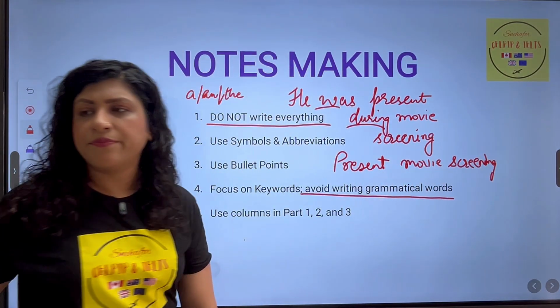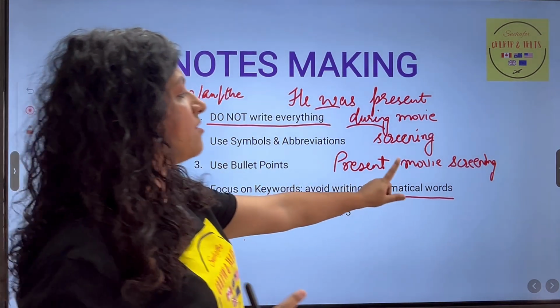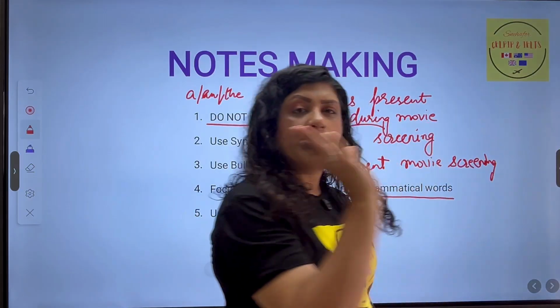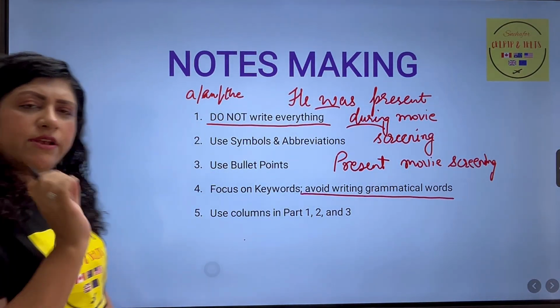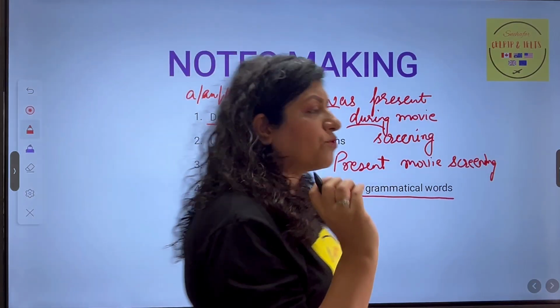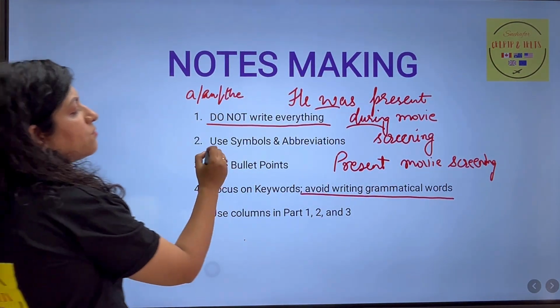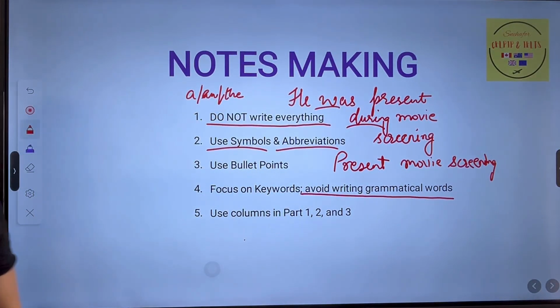And even when writing these three words, present, movie, screening, it might easily take me 2 to 3 seconds, even if I write really fast. So what I do, I make use of symbols, I make use of abbreviations.